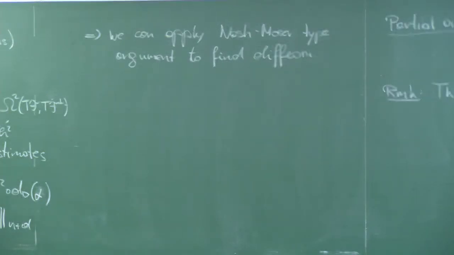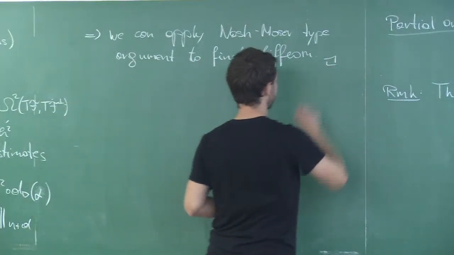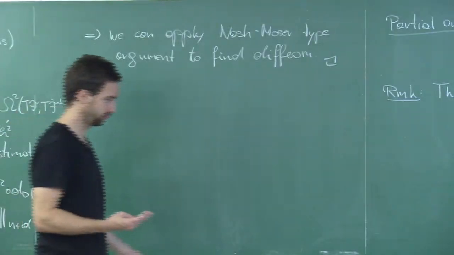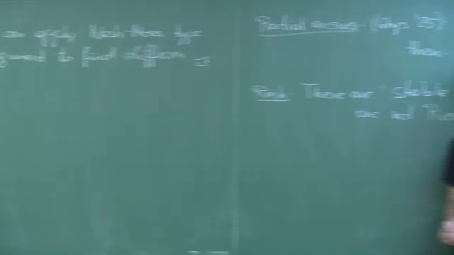Okay, so that's the rough idea of this proof. And so now the difference between the proof of Hamilton and the proof we have is how to obtain this beautiful looking estimate.